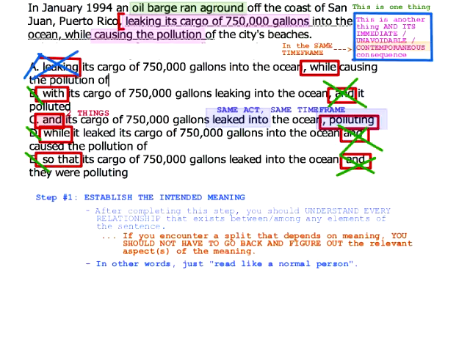There are other issues with these things. They're not the focus of today. But while, for instance, in this kind of context means actually during some other thing. So it didn't leak this stuff while polluting. So this is also bad. And it definitely didn't run aground while it was in the middle of leaking cargo. Also doesn't make sense.